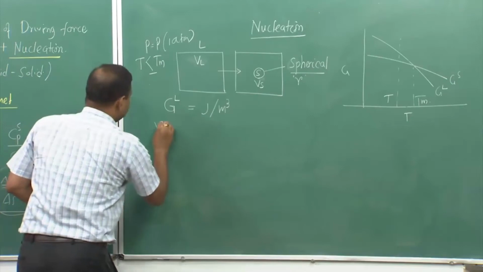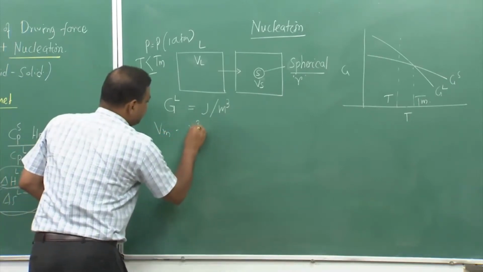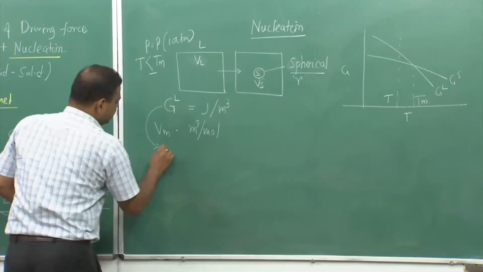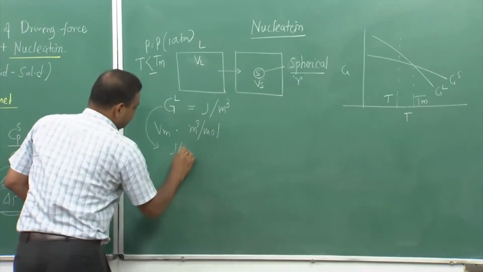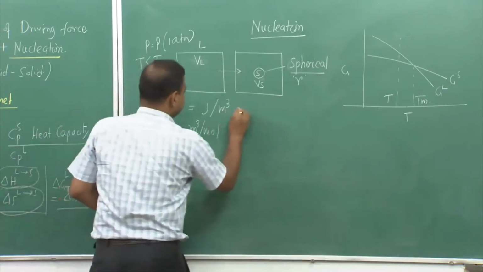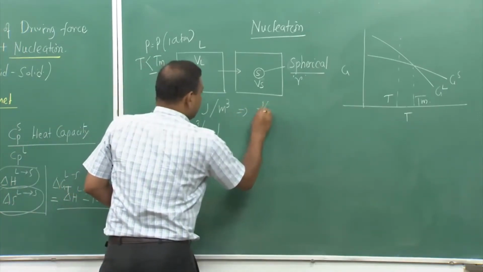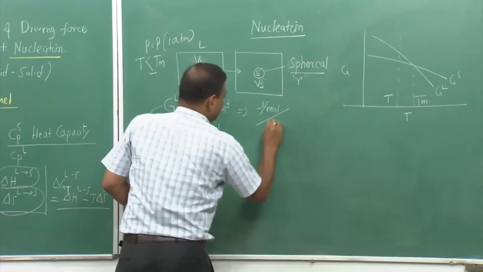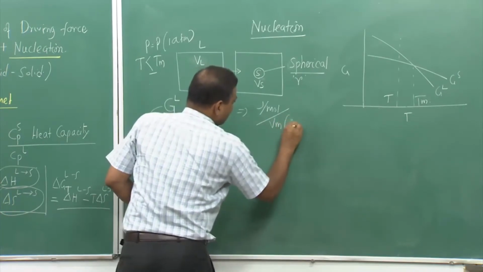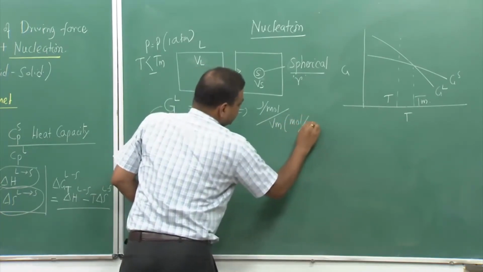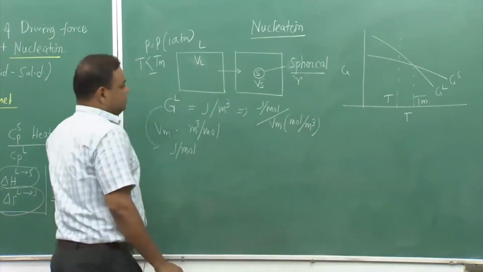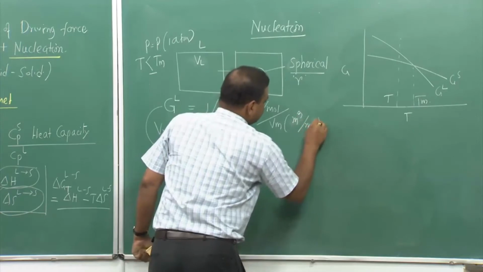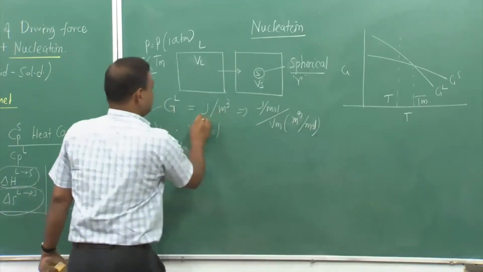Let us say if I know the Vm, which is meter cube per mole, and initially this is expressed in terms of joule per mole, I simply get this by joule per mole divided by Vm, which is meter cube by mole. Then I would get joule per meter cube.